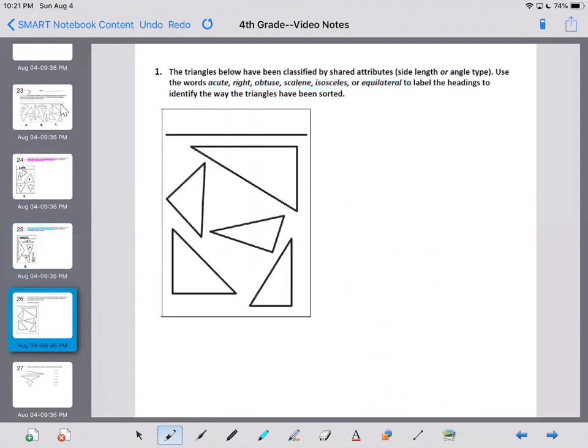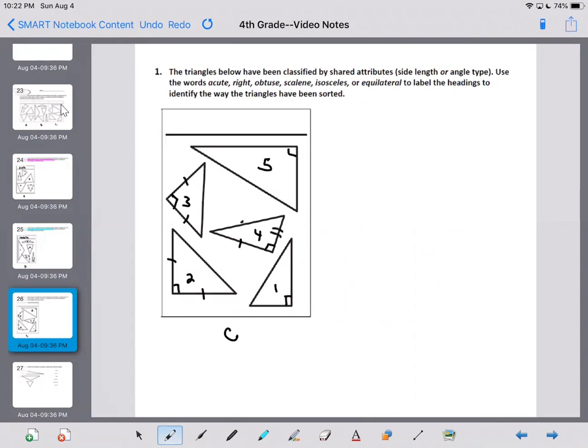And then finally, part C. Look at the attributes here. I see all triangles. I see a right angle here with number 1, a right angle with 2, a right angle with 3, a right angle with 4, and a right angle with 5. Now, this one may appear to be isosceles, and this one may appear to be isosceles right, but number 4 doesn't look that way.